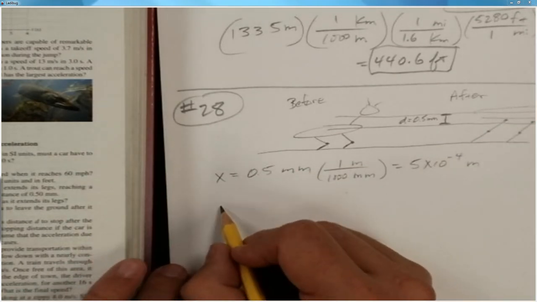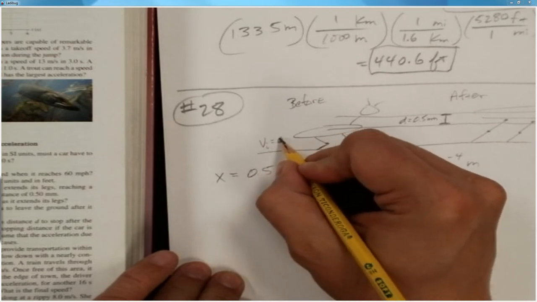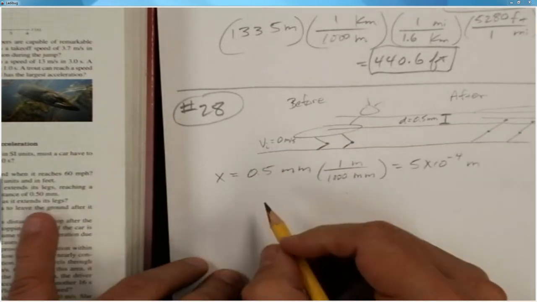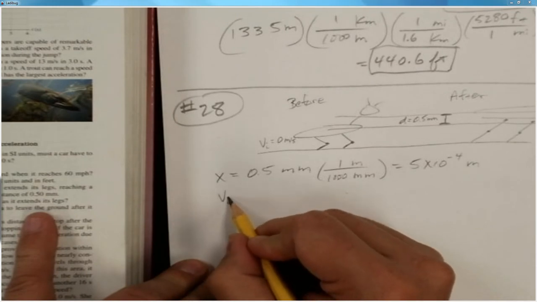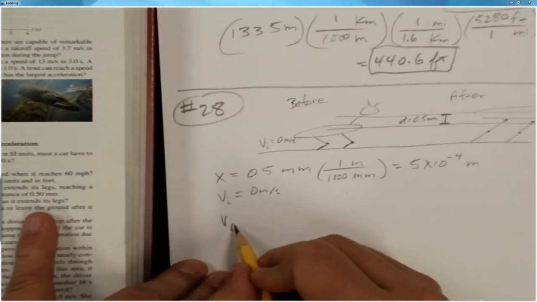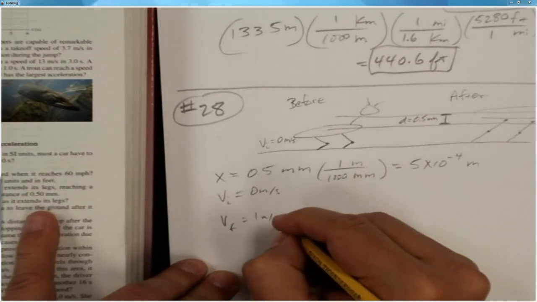That's distance. What is my initial velocity? Well, my initial velocity is 0 meters per second. So Vi is 0 meters per second, and Vf is 1 meter per second.